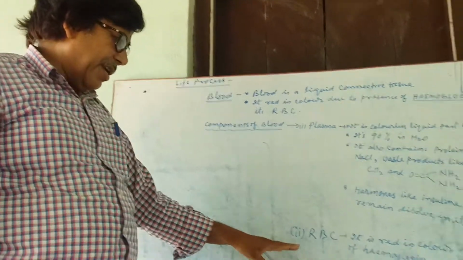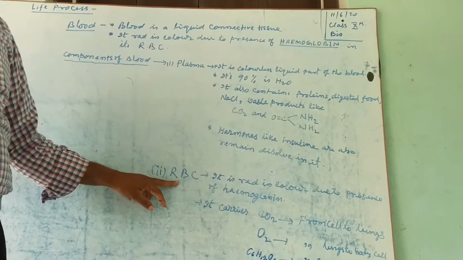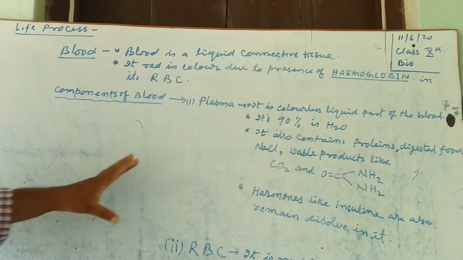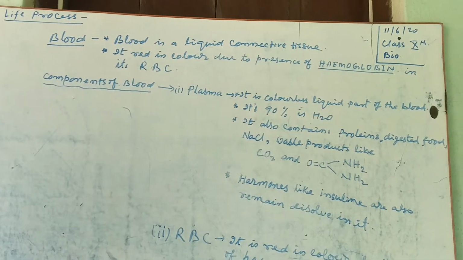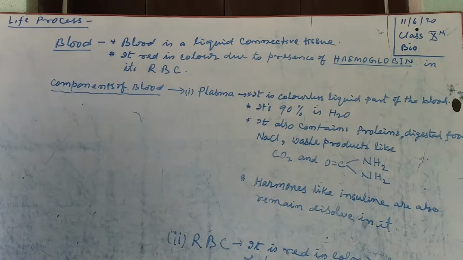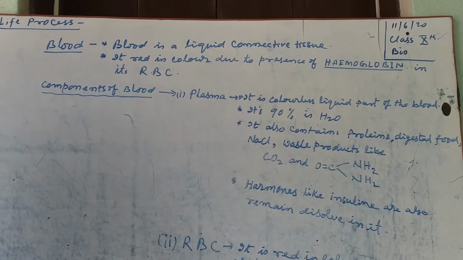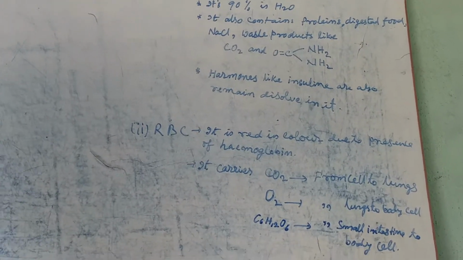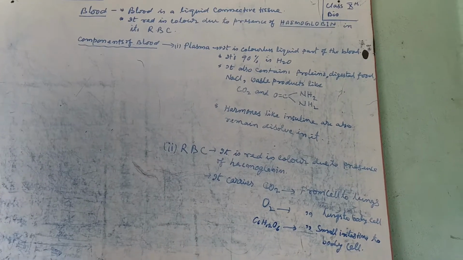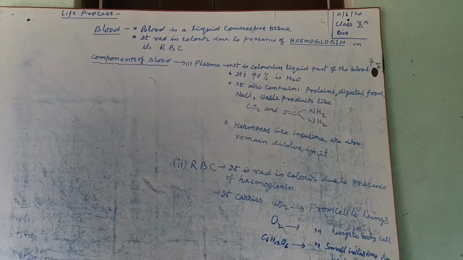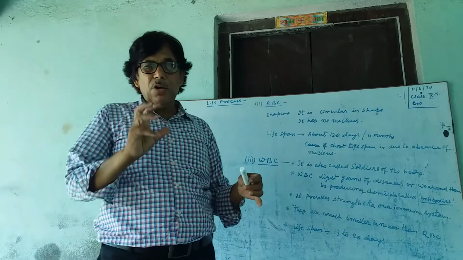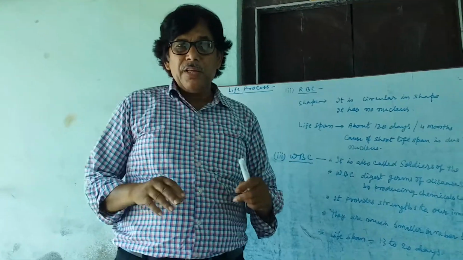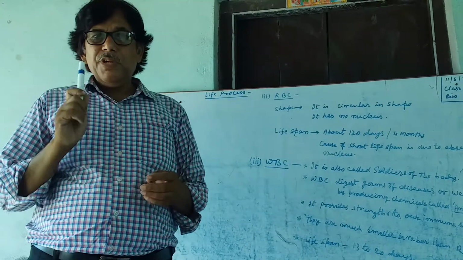Next we will study the shape of the RBC, but before it I am going to erase it. Shape of RBC is circular or spherical, having no nucleus in human beings.